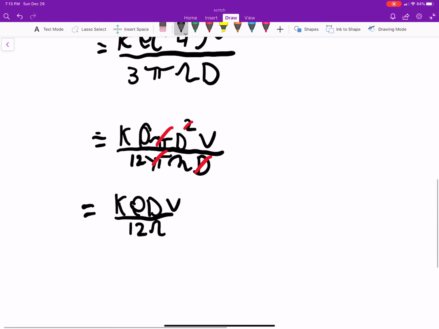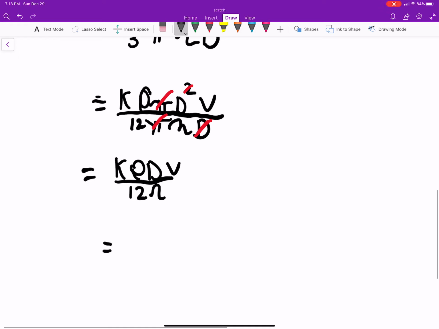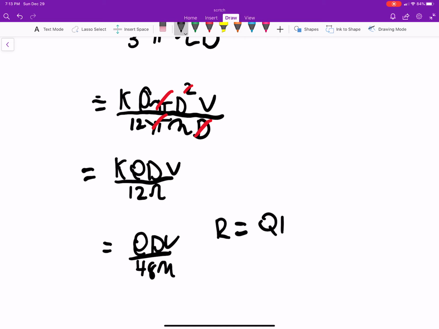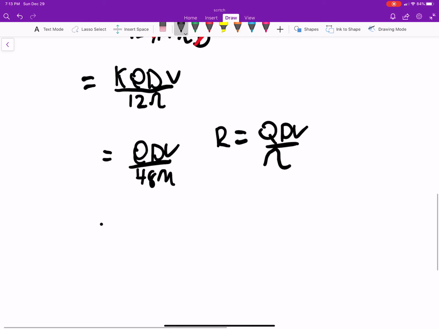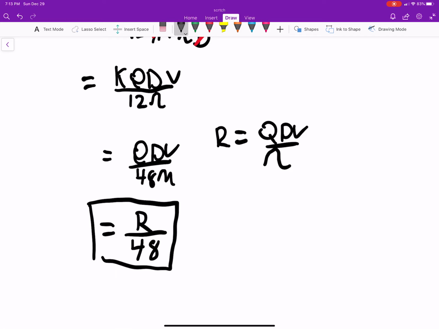So we can say that is Q dV over, now 12 times 4, that's 48. And then we have our eta. And we know R was given as just this. So then this is just R over 48. So there you go. There's the ratio of the two drag forces.